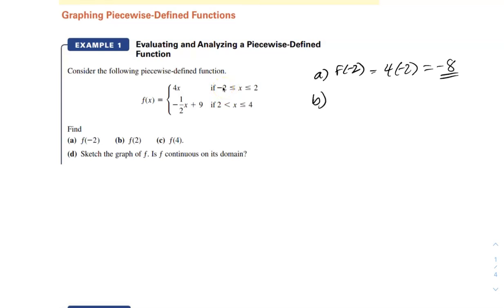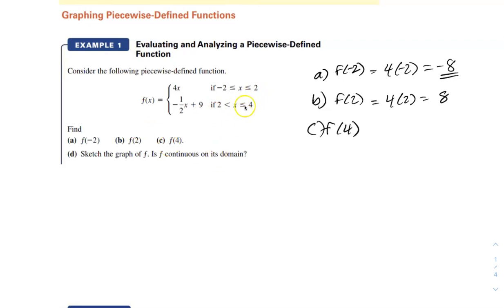So then we go to B, f of 2. Now both of these mention 2, but one has an equal to sign, one doesn't have an equal to sign. So it's again going to go to 4x because that's where my inequality is true. So we're going to type it again, 4x. And we get 8. Then you go to C, f of 4.